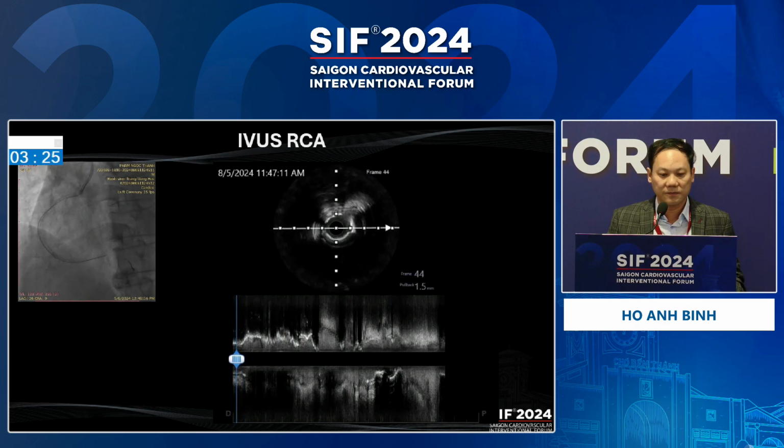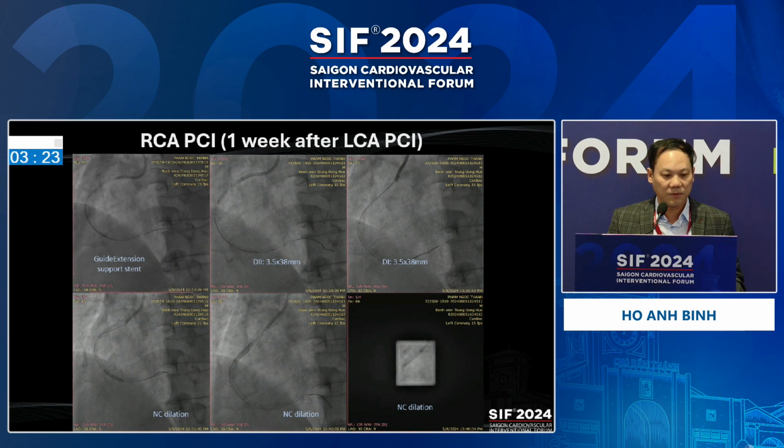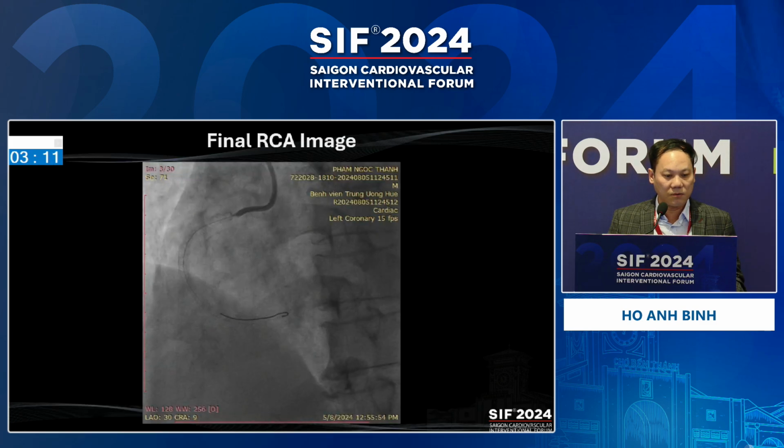And we check IVUS. We guide the extension to support the stent, and two stents, 3.5 by 38, two stents. And the result is rather good.